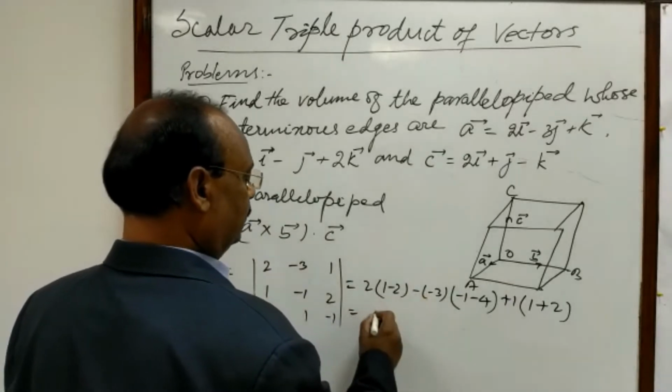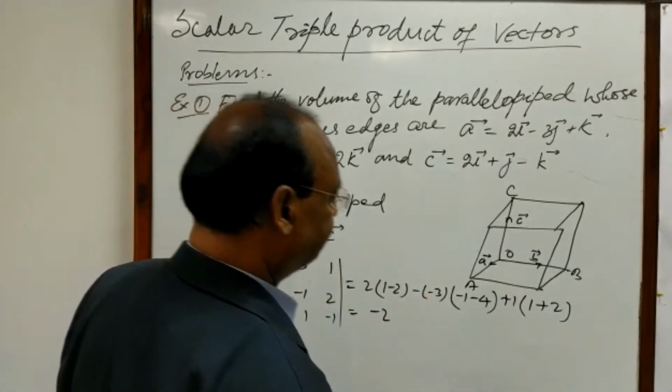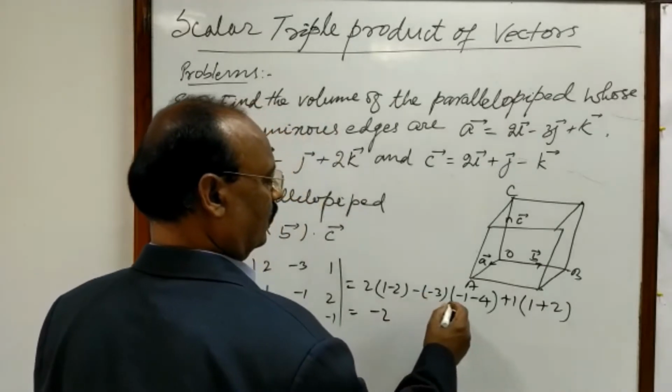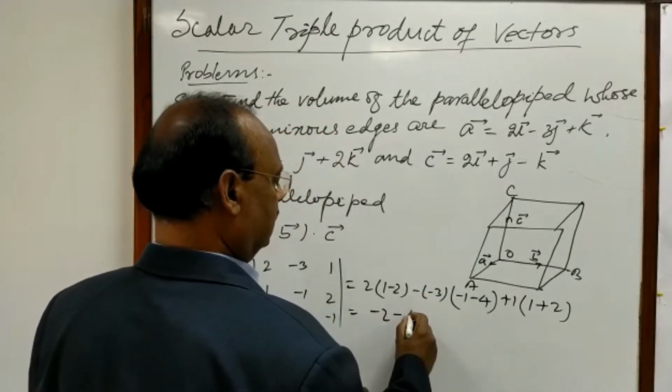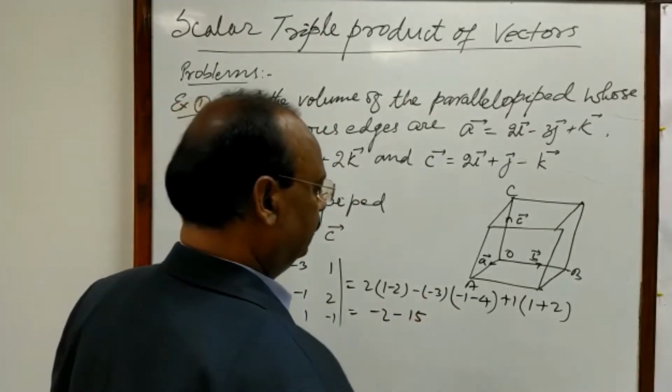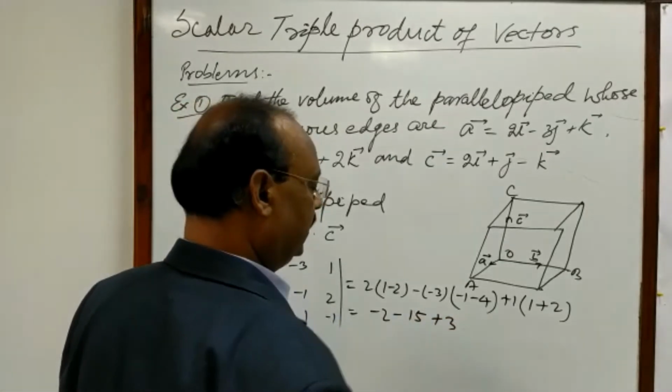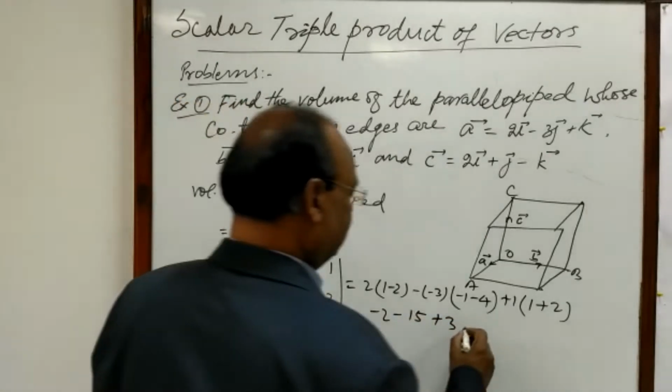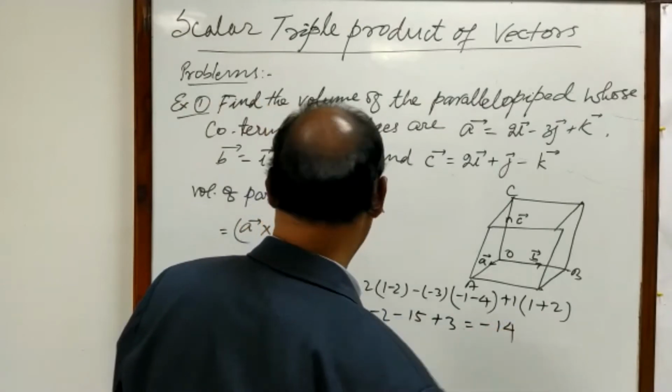So this is equal to minus 2 minus 15 plus 3, and this is equal to minus 14.